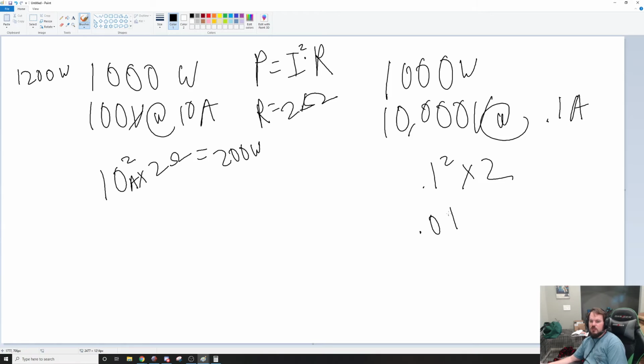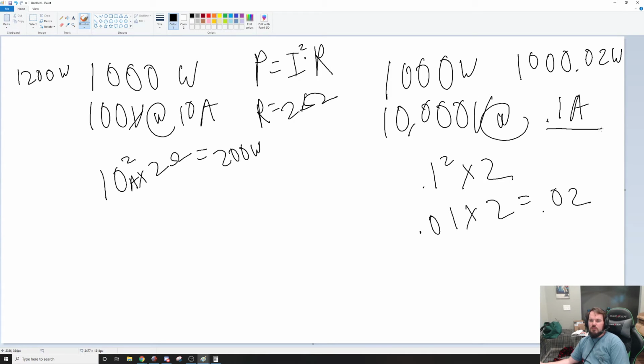Okay, I'm not wrong. And then times 2, that would be 0.02. So in this situation, we would have to produce 1,000.02 watts to get 1,000 watts at our load. So clearly, the lower you can bring your amperage, the better.